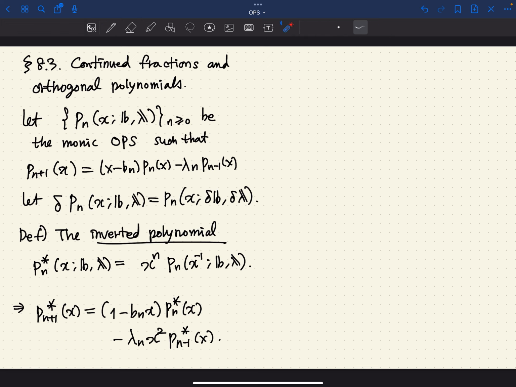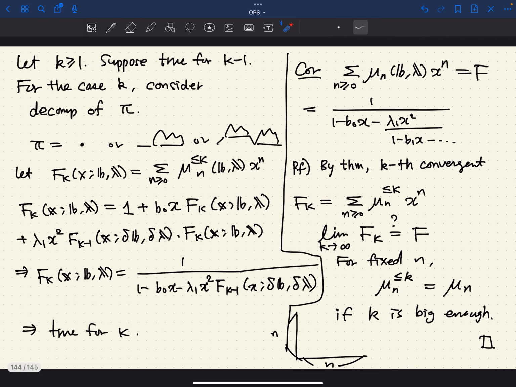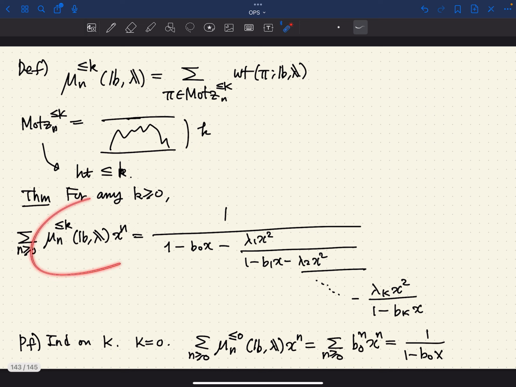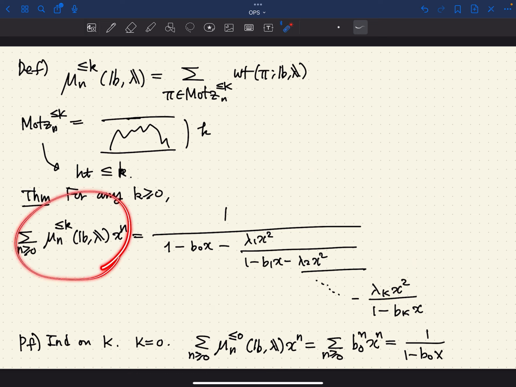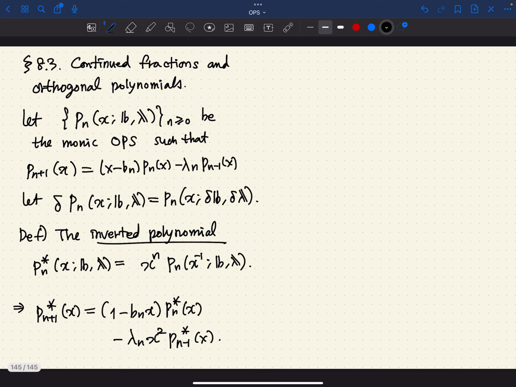So remember, this was the nth or kth convergent of the continued fraction, and in fact we can express this using inverted polynomials in a very simple way. So our goal here is to prove this theorem.